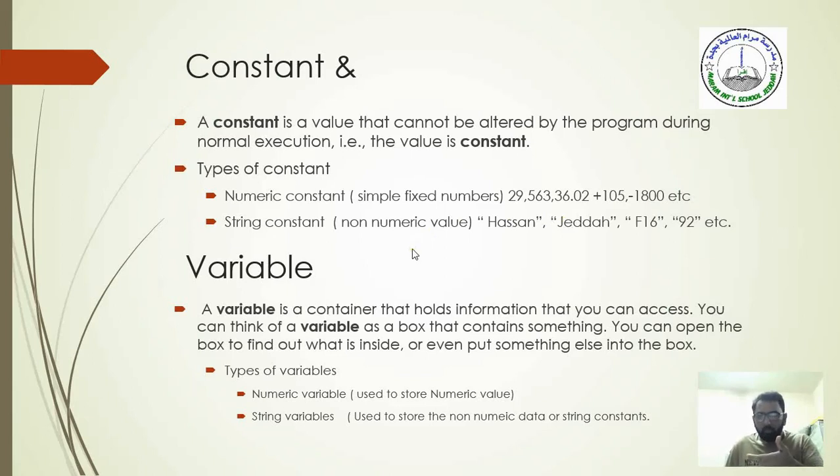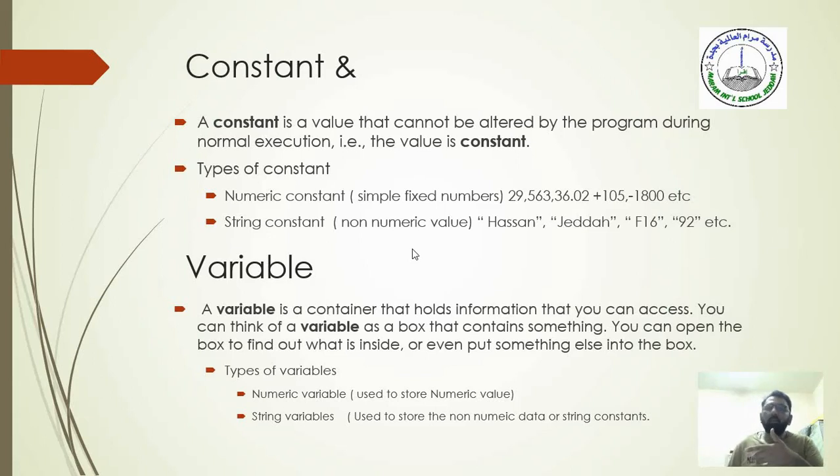Now the variable: a variable is a container that holds information that you can access. You can think of a variable as a box that contains something. You can open the box to find out what is inside, and whenever you want to use that value, you can call the variable by its name, or even put something else into the box.